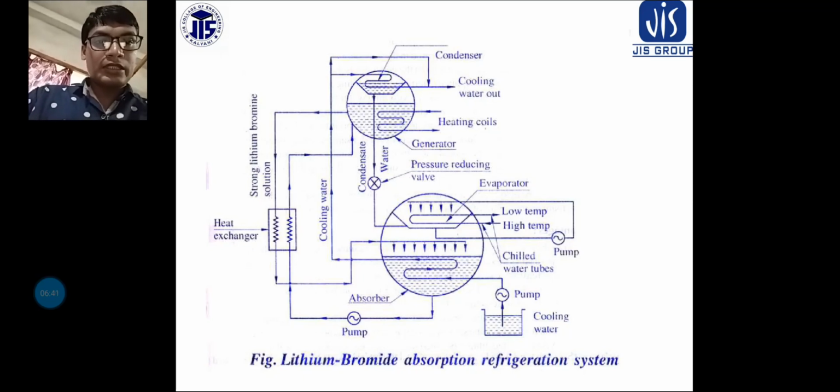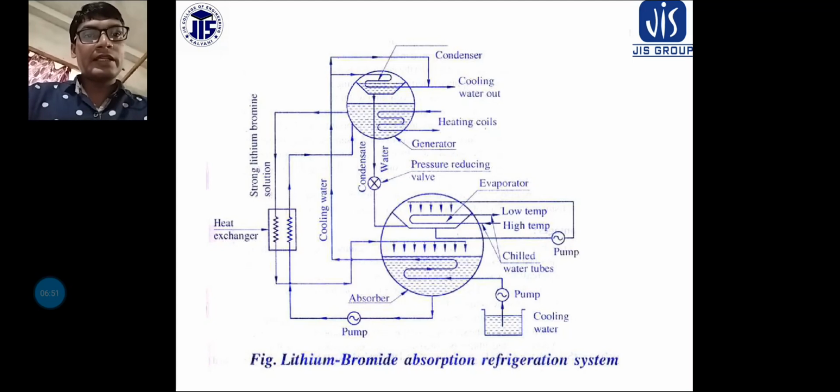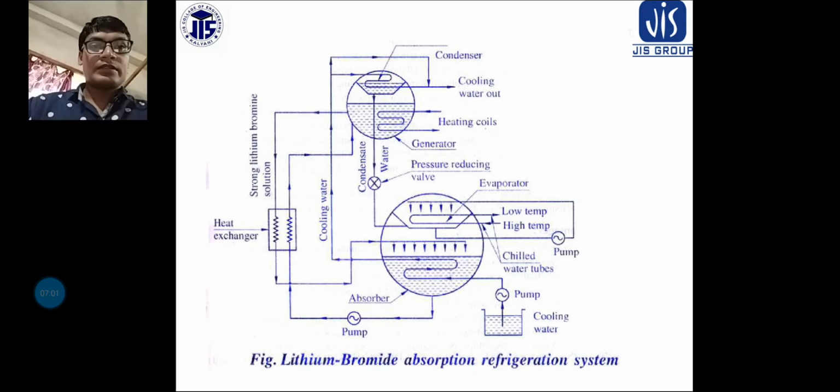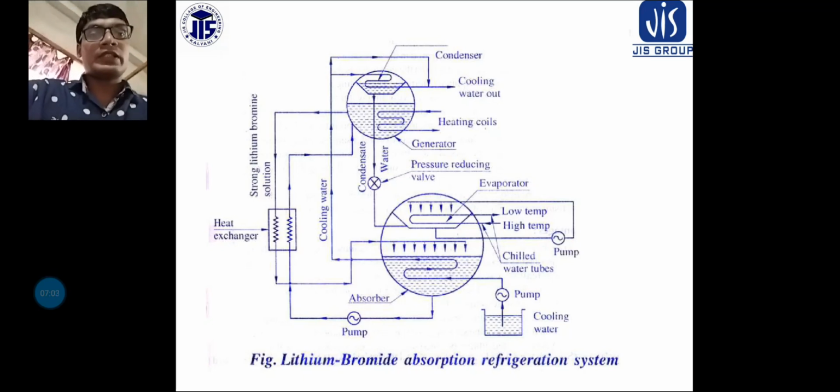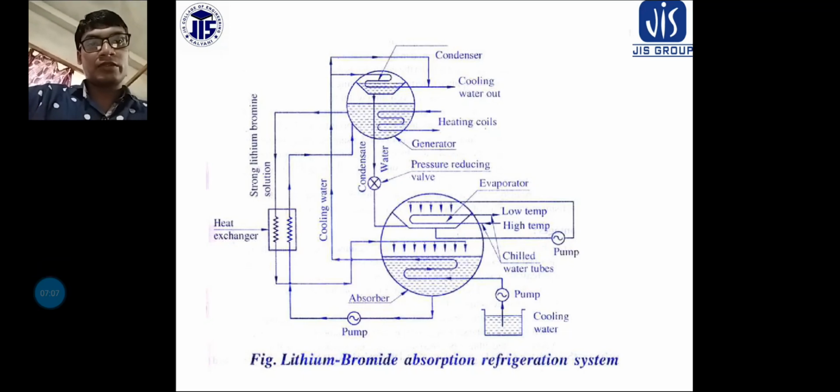So this is the process, and only two shells are used instead of four, because the generator and condenser operate at the same pressure, and the absorber and evaporator also operate at the same pressure, so each pair is taken in one shell.